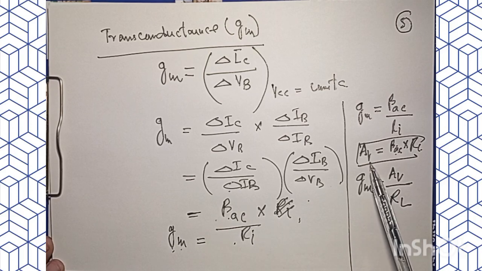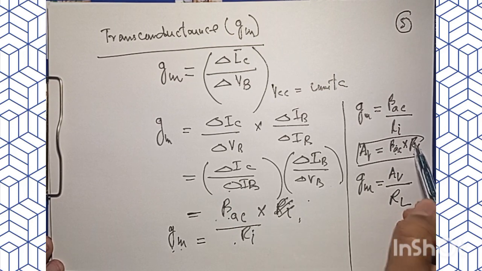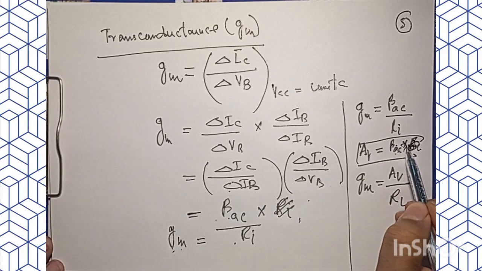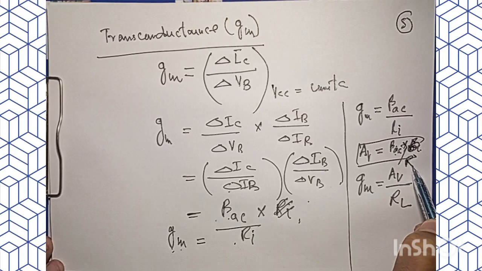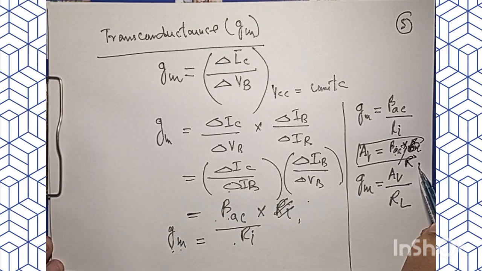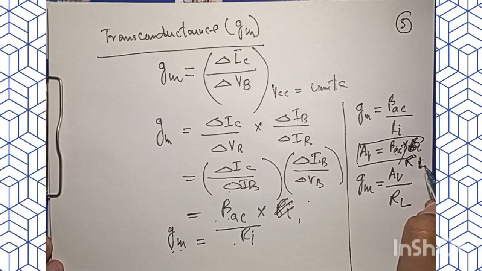Now, if we talk about the voltage gain, how do we define it in terms of beta AC? That is beta AC divided by, so here I am making a mistake. It is divided by Ri, times RL.